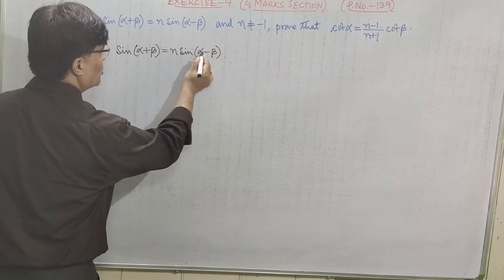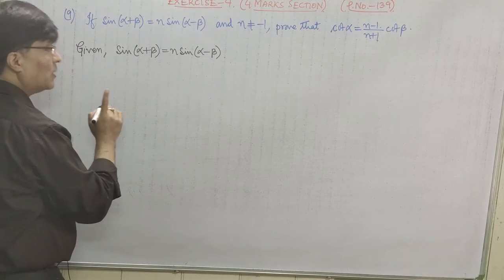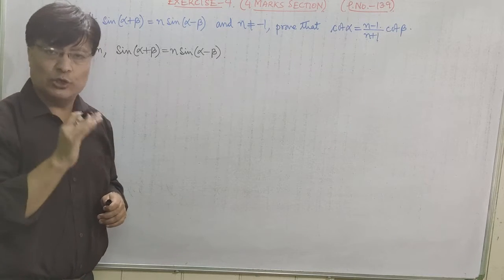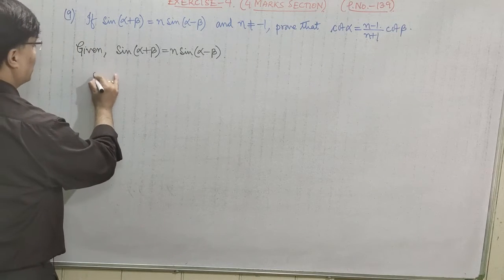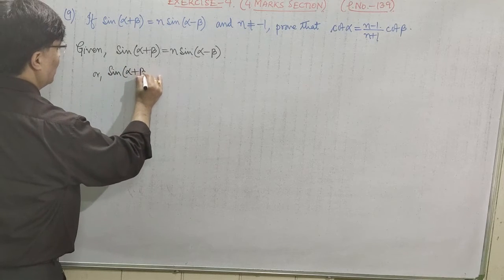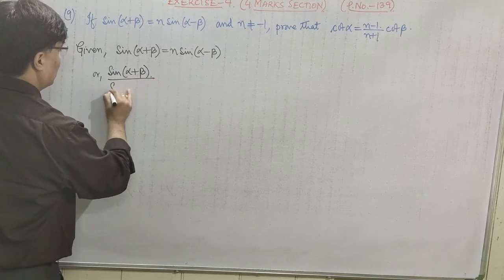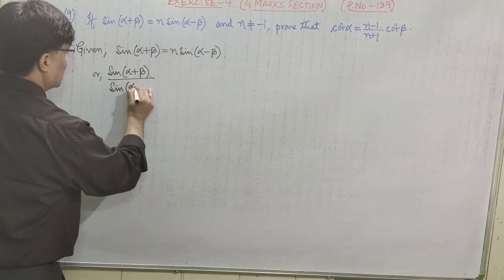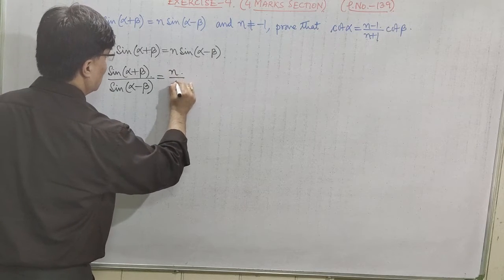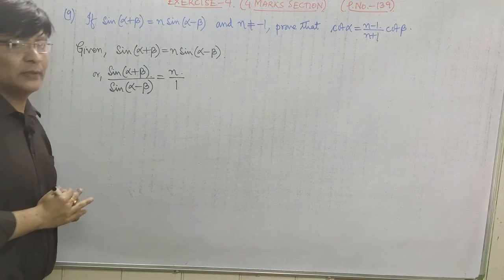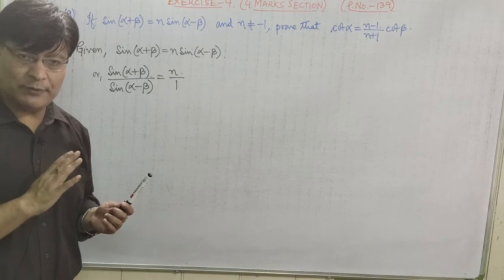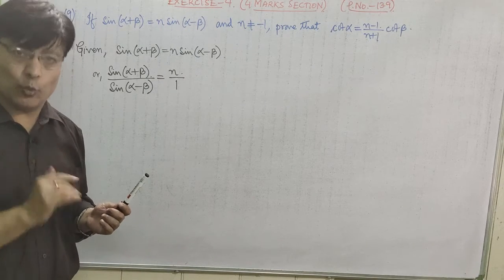When it goes to the left hand side, you should write it in the denominator. So sine of alpha plus beta divided by sine of alpha minus beta is equal to n upon 1. I think you have understood it. Below n there is 1. If there is no term below n, there is 1.